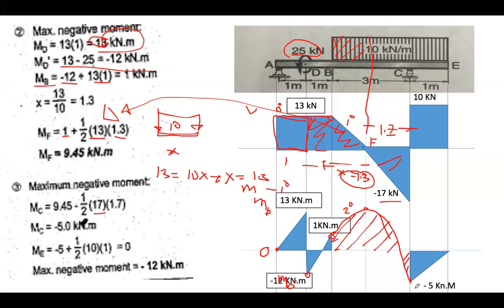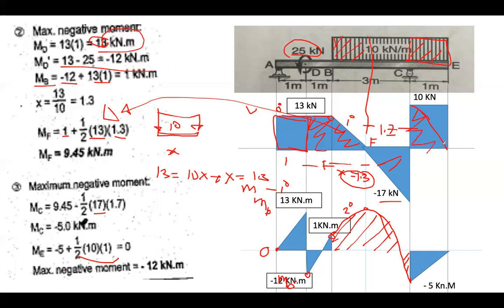Okay? So if this is negative 5, we can just add this particular rectangular area, which is just 10 by 1. Okay, something wrong with here. Dapat ito. Kasi first, mali ito.